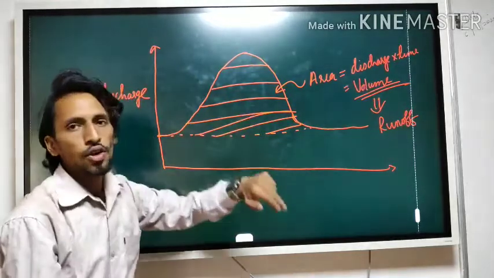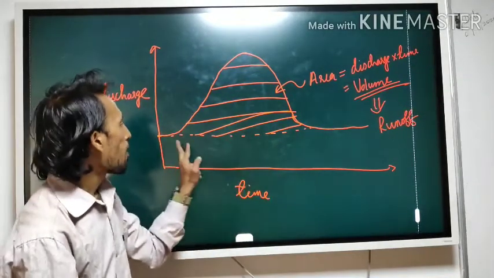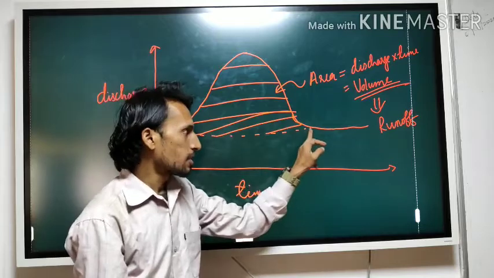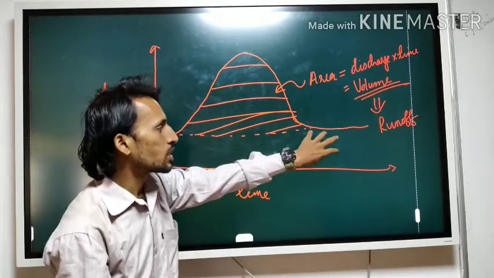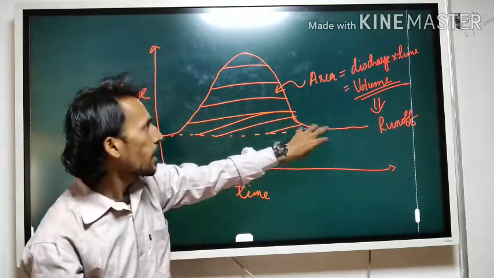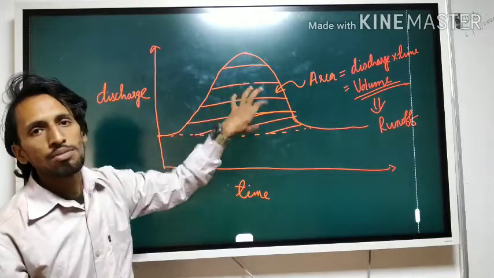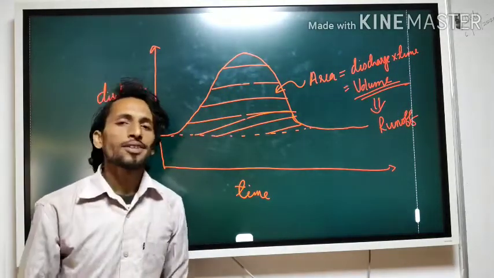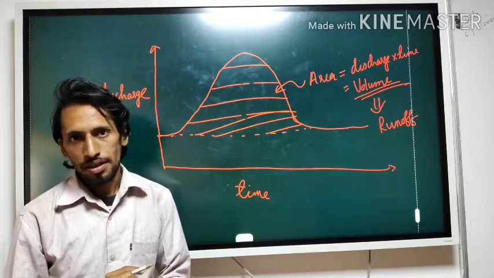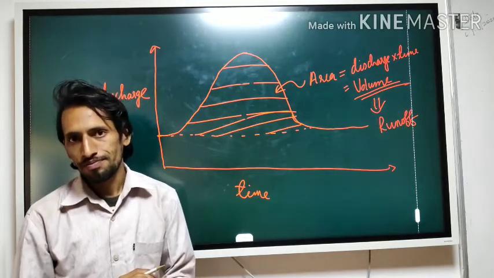And then after drawing the graph, you have to draw this line. You have to remove this much amount of water, and this much area of the graph is nothing but your runoff volume.